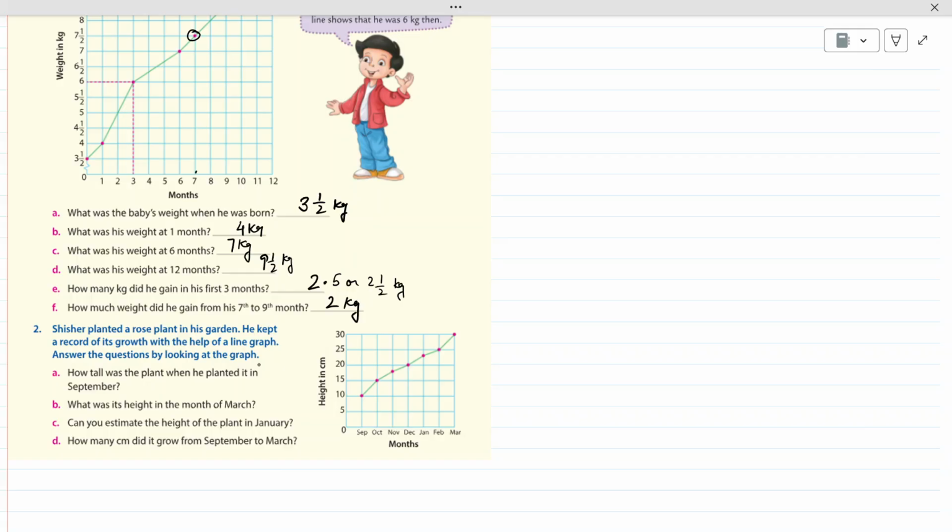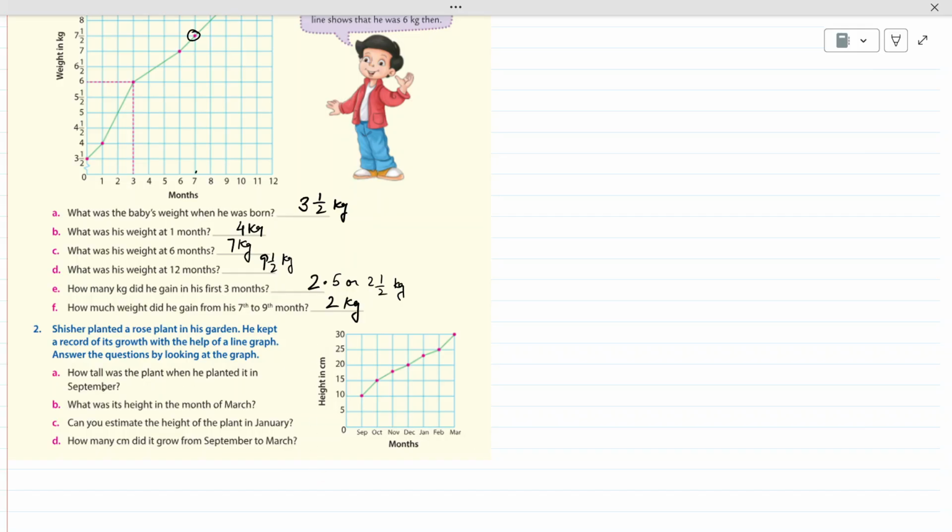So Shishir has noted the height of the rose plant every month from September to March. In the horizontal axis he has plotted the month, and in the vertical axis he has plotted the height.